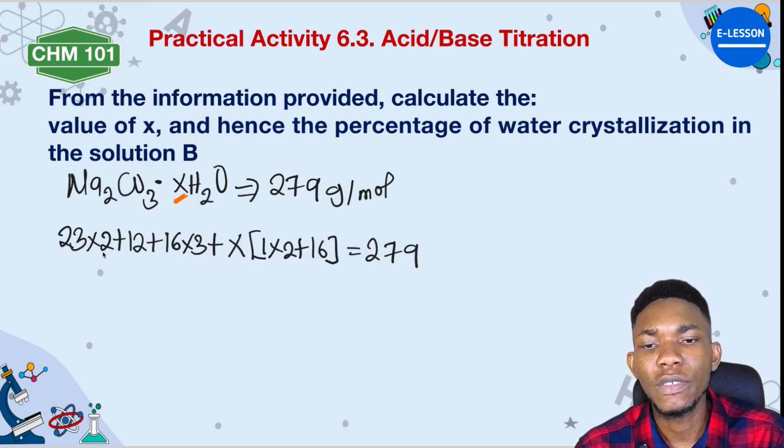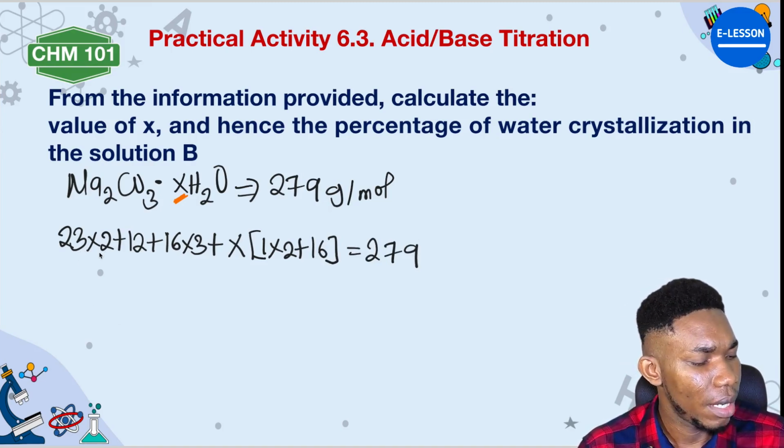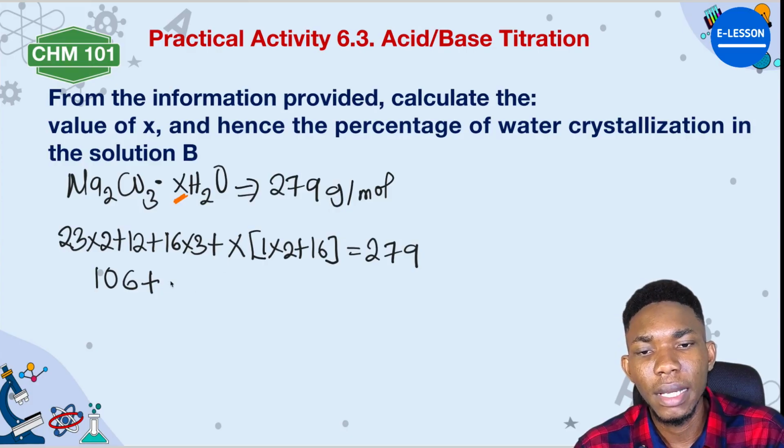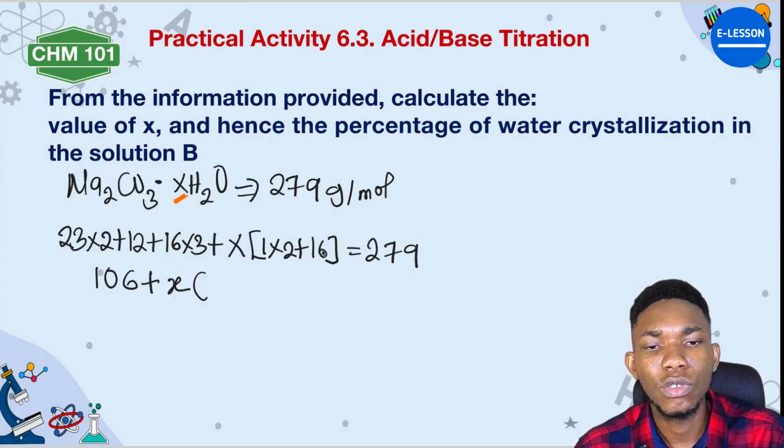Now, 23 times 2 is 46. Let's add everything there: 46 plus 12 plus 48 will give us 106 plus this X. Everything here will give us 1 times 2 is 2 plus 16, which is 18.